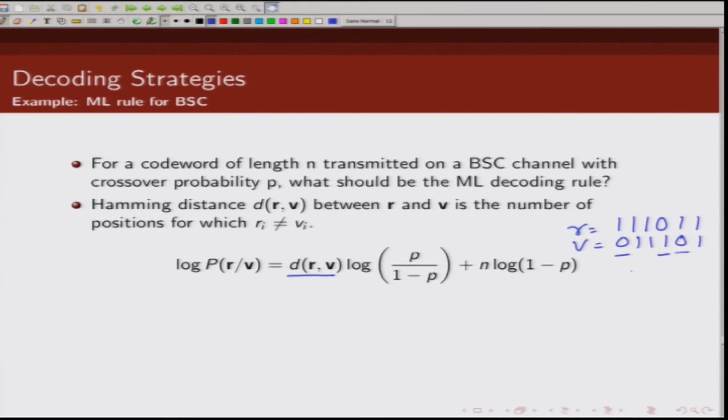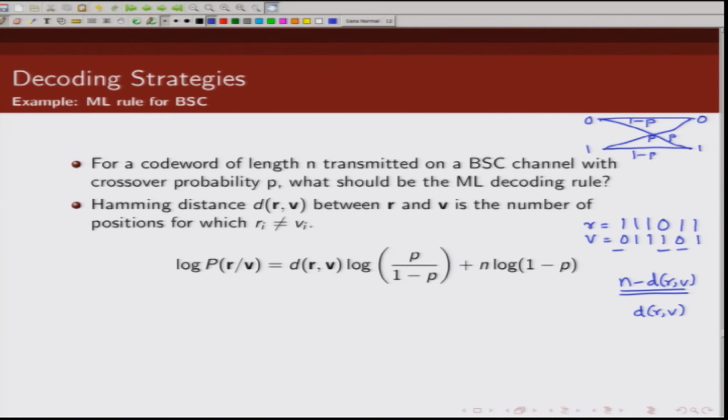So, the number of positions that got flipped as a result of sending this code word over the binary symmetric channel is denoted by d of R and V, and the remaining number of bits which did not get changed is n minus d of R and V.